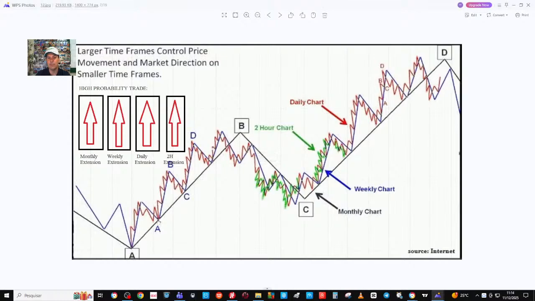The black one is the Fibonacci on the monthly, the blue one is the Fibonacci on the weekly, the red one is the Fibonacci on the daily, and the green one is the Fibonacci on the 2-hour chart. So the best probability is where all the 4 charts are aligned.